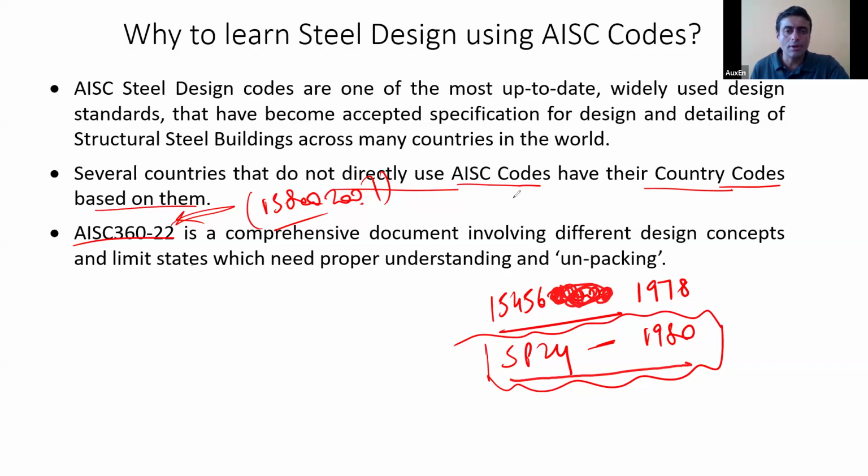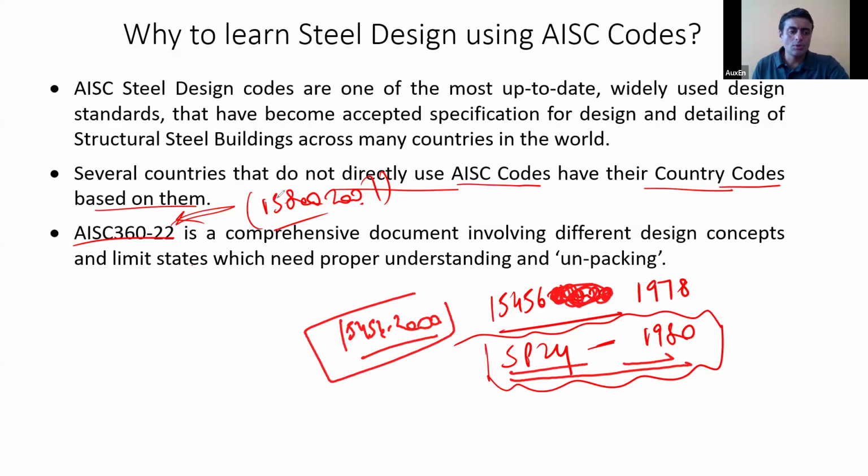Is there any code which you can recall which has an explanatory handbook? Hello. No such explanatory handbook was published for IS 456:2000. So after 78, when the next revision came, there was no handbook, explanatory, or commentary published.